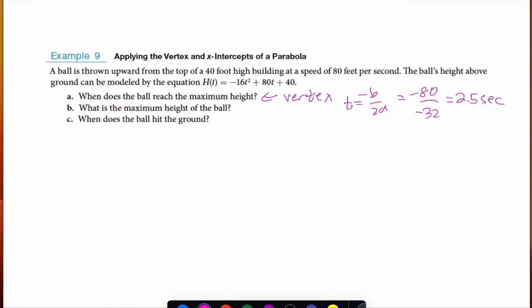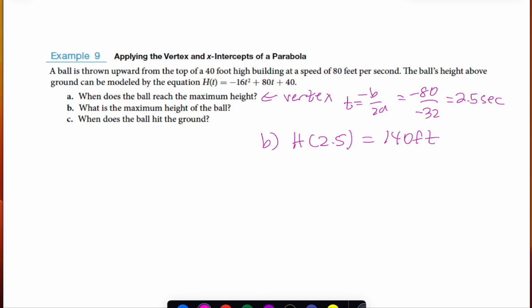Okay. It says, what is the maximum height? So that's where we would want to use the H formula. So we have to find, well, what height did we hit at 2.5 seconds? So if we plug 2.5 seconds into our equation, we get 140 feet.